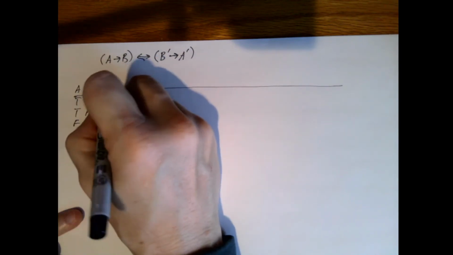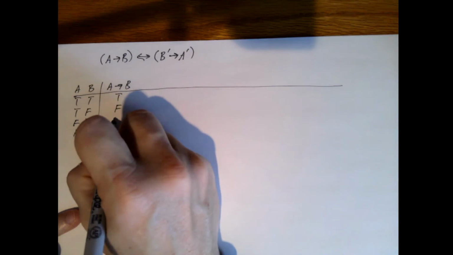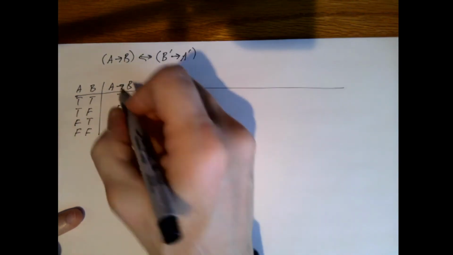So once again, create my table. True, true, true, false, false, true, false, false. A implies B: true, false, true, true.